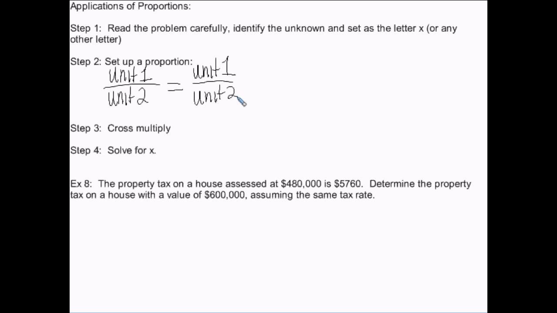Okay, so we have property tax on a house is assessed at $480,000 is $5,760. So this is the house money, house price, and this is the tax. Okay. Determine the property tax on a house with a value of $600,000, house money, assuming the same tax rate.